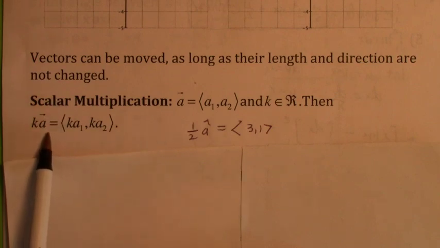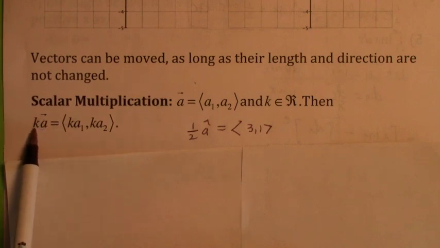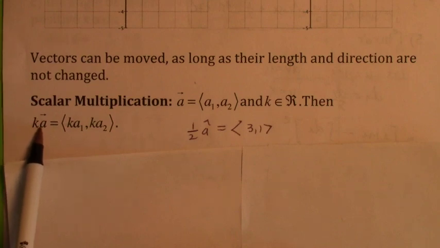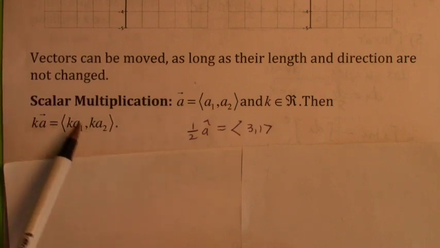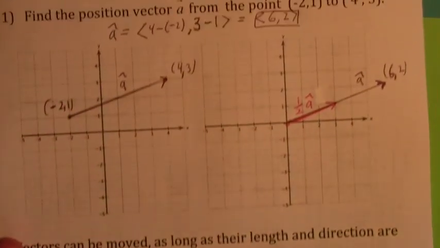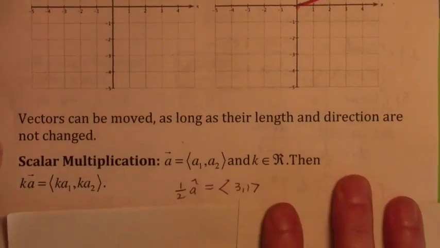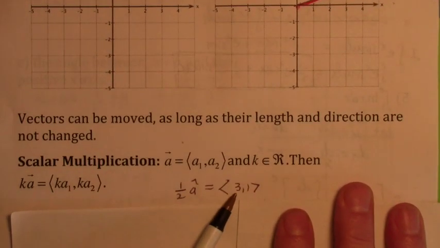The way you define scalar multiplication: by the way, vectors always have hats on them or something. Either they're bolded or they have an arrow to signify the difference between vectors and real numbers. When you multiply a real number times a vector, you multiply each coordinate. That makes sense. So what would 1/2 A be? Remember, A was the vector <6, 2>, so 1/2 of A becomes the vector <3, 1>.